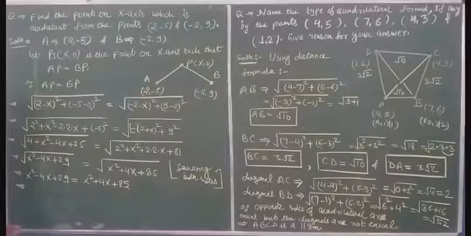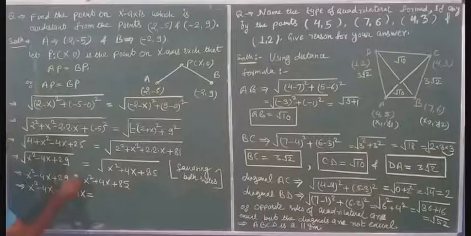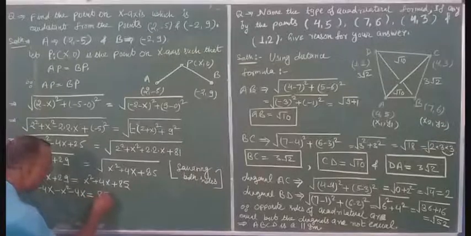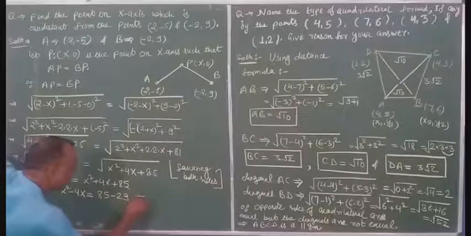Now transfer the variables to the left side: x square minus 4x, shift this variable here, minus x square minus 4x, and this number to the right side, 85 minus 29.